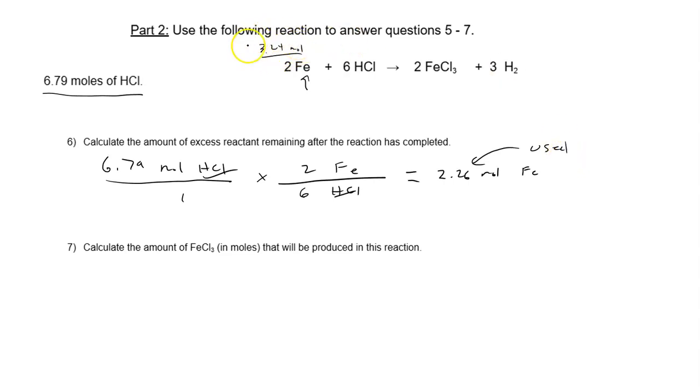So keeping in mind we started with 3.24 moles. We react 2.26 moles of that, so there's going to be some left over. So all I do next is go 3.24 moles minus 2.26 moles, and I get 0.98 moles of iron remaining.